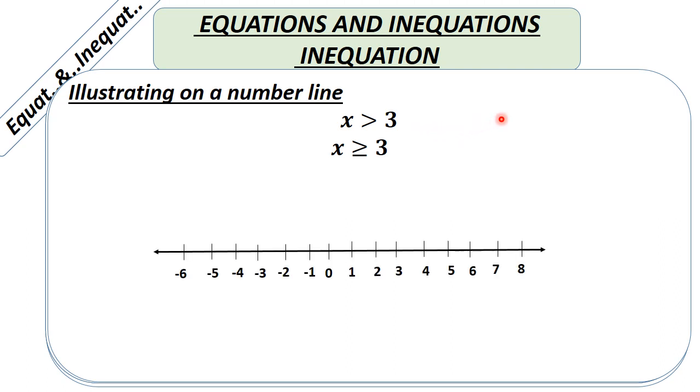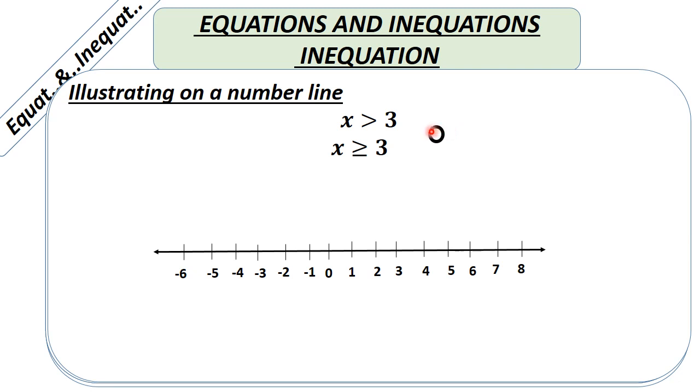So for greater than 3, first, this is our number line that we're going to use for demonstration. For greater than 3, we use this open circle. What does it mean to be an open circle? It's a circle, as you can see, but it is open inside. That's what we use for greater than and less than. So long as we don't have equal to, we use this.